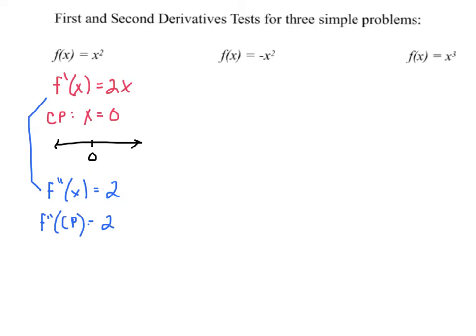Now the second derivative being positive means the original function is concave up. And because it's just 2, the original function is always concave up. Okay? So we have a critical point that could be a maximum or a minimum. And the original graph is always concave up.